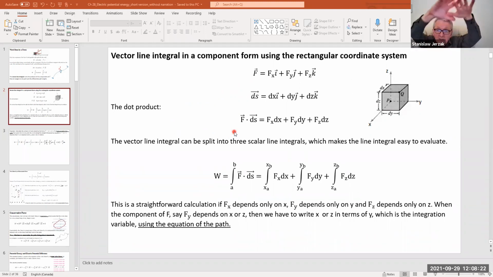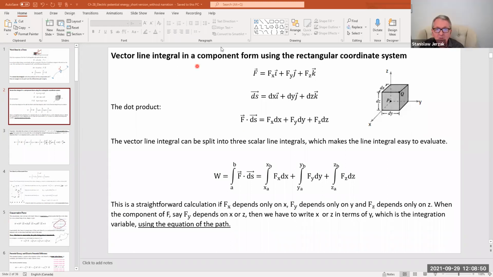Or if the symmetry of the field is spherical, then it's very useful to use spherical coordinates. But in some artificial cases, like if the curve is very complicated, then you would use some parameter like t, like you do in calculus. So this is all very correct. Thank you. You're welcome.